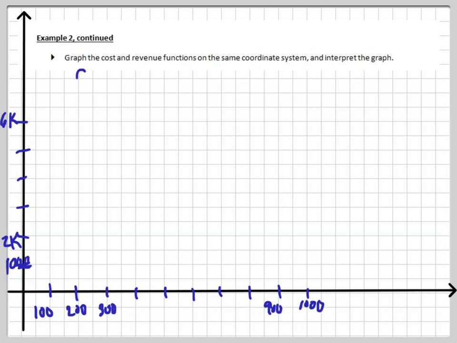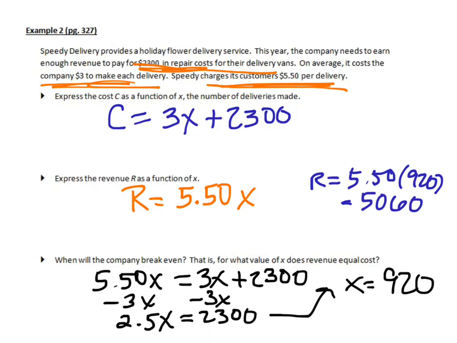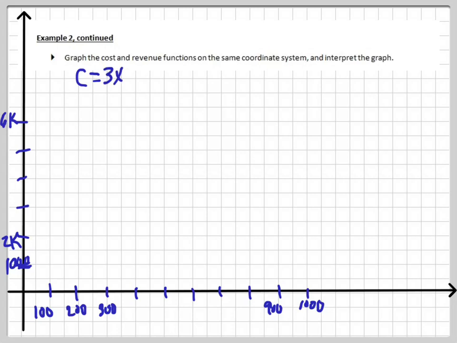We had cost equals 3x plus 2,300. And I know my intercept is 2,300. So that's about here. I can just estimate here. And again, this graph isn't very accurate, it's just a representation. Now using the slope to find the next point might be tricky just because my scale is so large. So instead I'll choose one other point on this line, and I know that the break-even point will work.